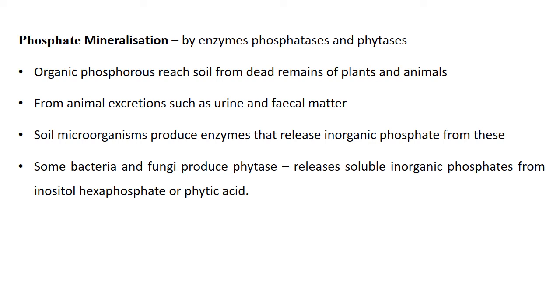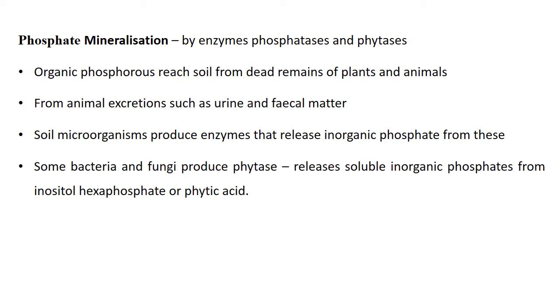So what is phosphate mineralization? The mineralization of phosphate occurs with the help of the enzymes phosphatases and phytases. Phosphorus mineralization is carried out by the microbial population. Many soil microorganisms produce enzymes that attack the organic phosphorus compounds in the soil, and they release inorganic phosphate.